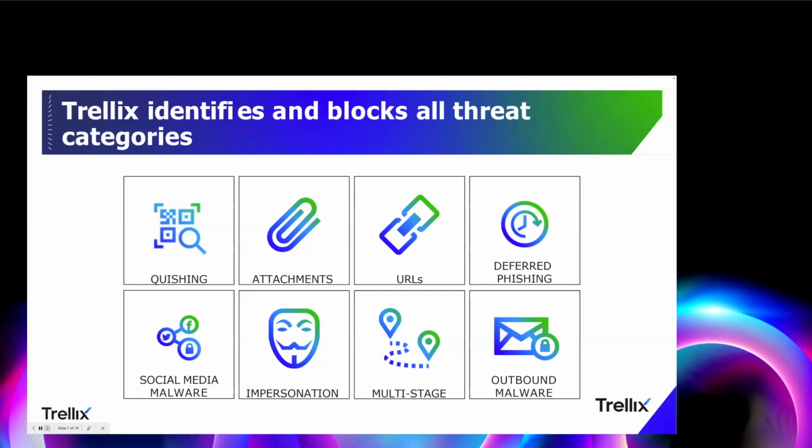Trellix can identify the most convincing imposters, whether it is spotting subtle anomalies in writing style or flagging discrepancies in sender domains. This feature ensures that no fraudulent email reaches the target. The latest innovation is also QR code phishing detection.